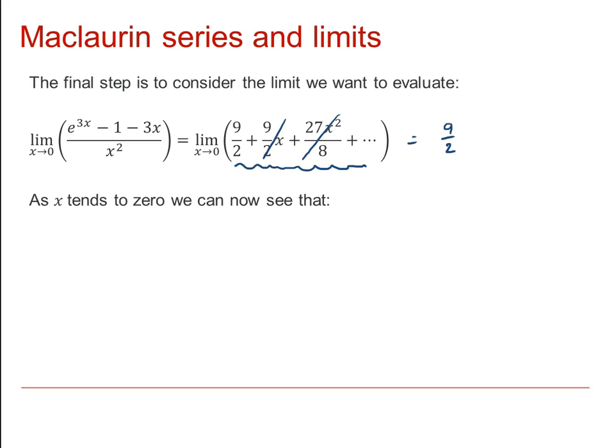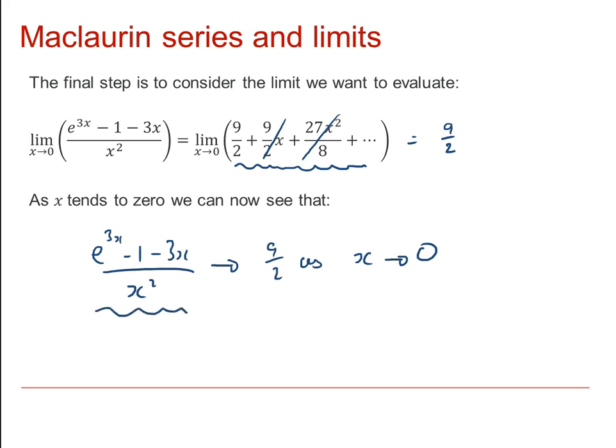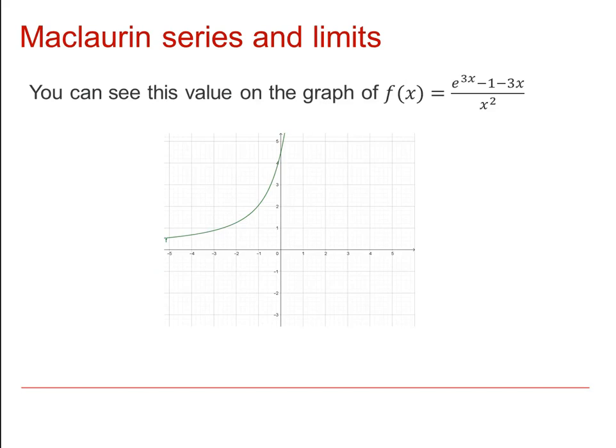So we can say therefore that e to 3x minus 1 minus 3x over x squared tends to 9 over 2 as x approaches 0. And that's really something that we couldn't have told from the initial expression. Let's see that on the graph, and indeed the point where the graph crosses the y-axis is equal to 9 over 2.